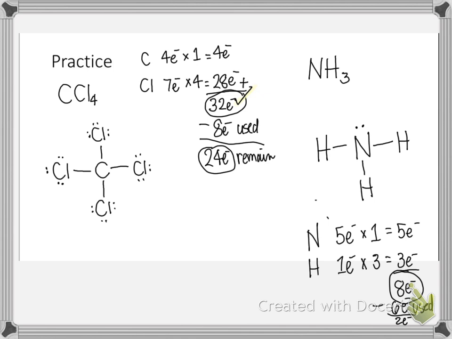So we did use 2, 4, 6, 8. Then make sure when you look at each element that they are satisfied or happy. For hydrogens, that would be having single bonds. So all of our hydrogens are satisfied. And for anything other than hydrogen, it would be having 8. So nitrogen has 2, 4, 6, 8 around it.